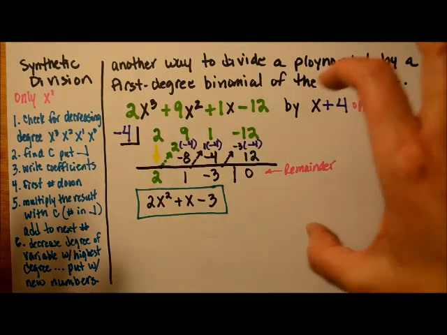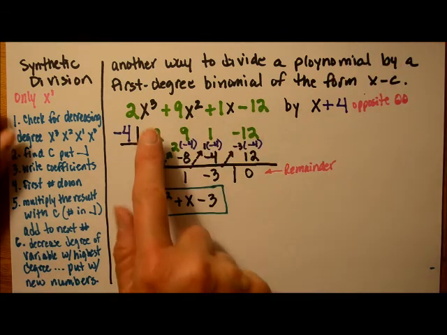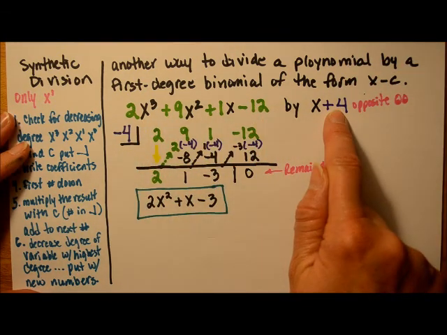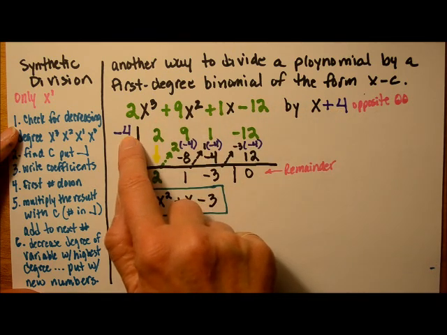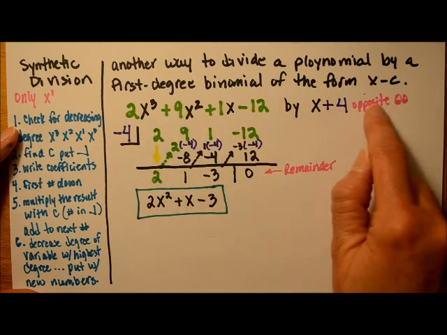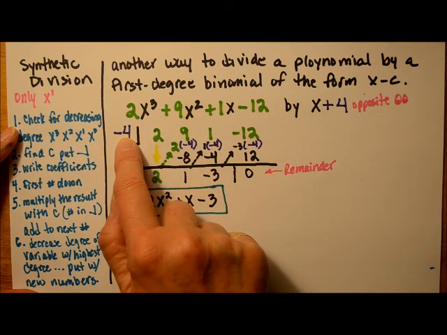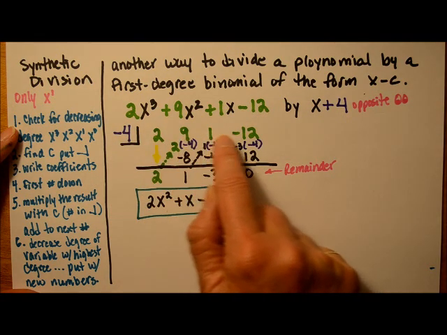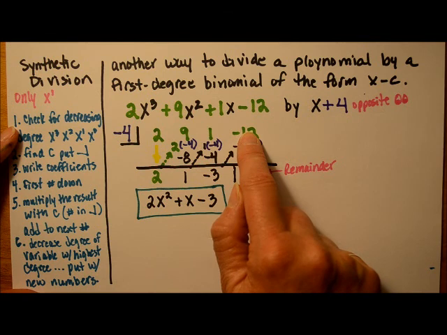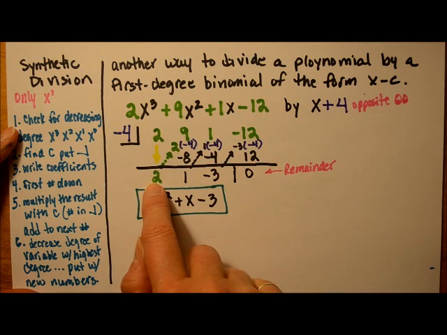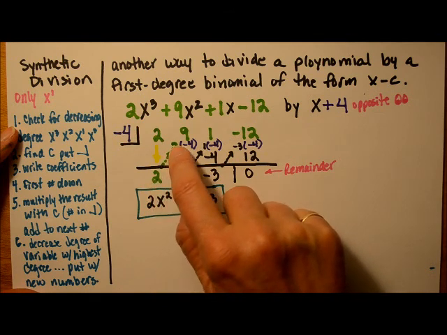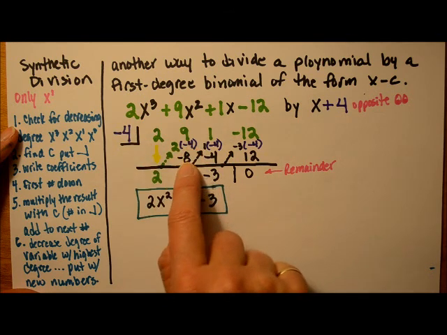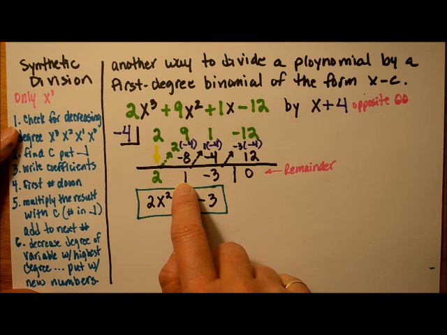So just to summarize, we started with these. I put the purple, and remember it's the opposite. Don't forget, it's opposite here. I brought just the coefficients down. That's all I need to use. I brought this number down, and then I started my process where I take this number, multiply it by c, get a new number, and add.